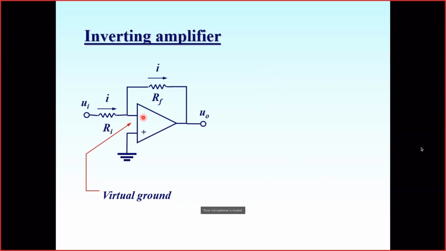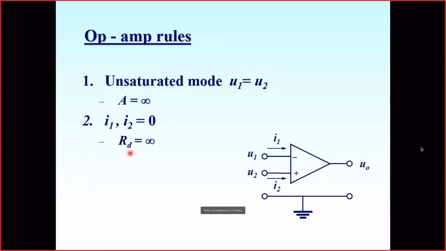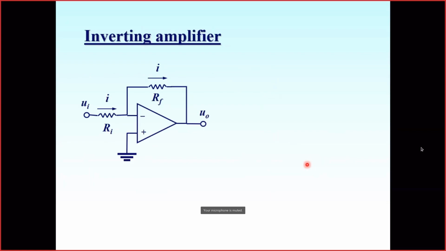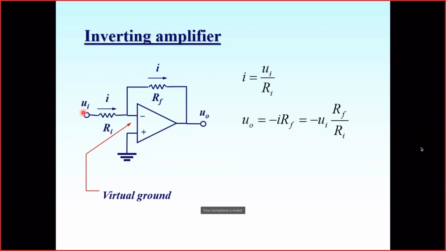Let's remember the second rule. Both currents which go through the inputs into the amplifier are 0. So that means that the current which could go through the amplifier is 0, and all the current which flows through the first resistor will go through the second resistor too, because there is no way for the current to go inside the amplifier.